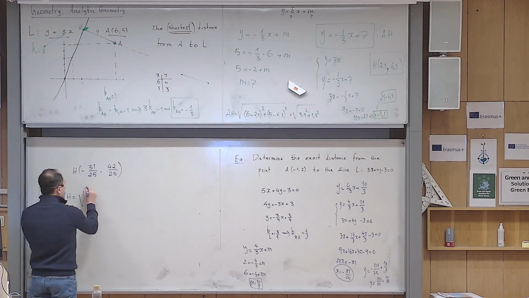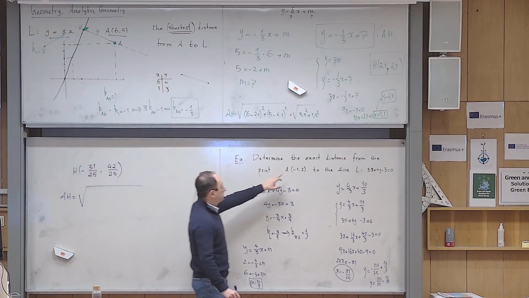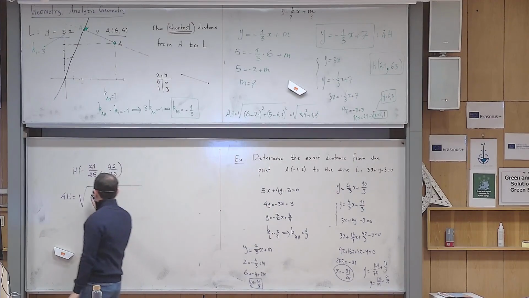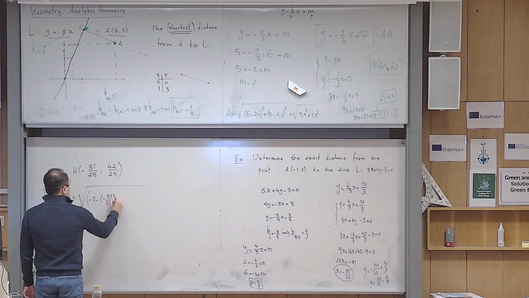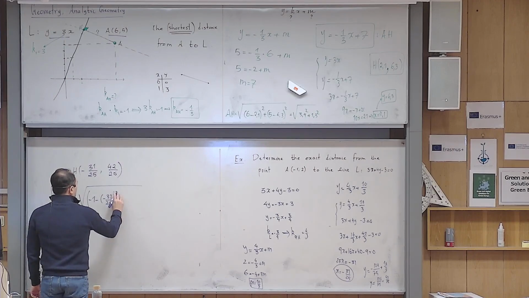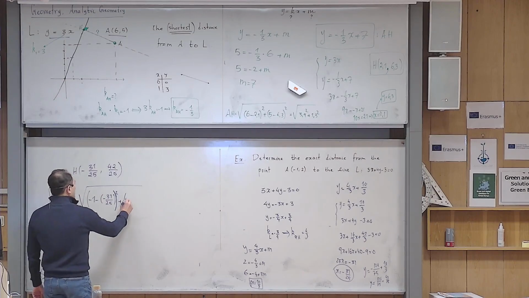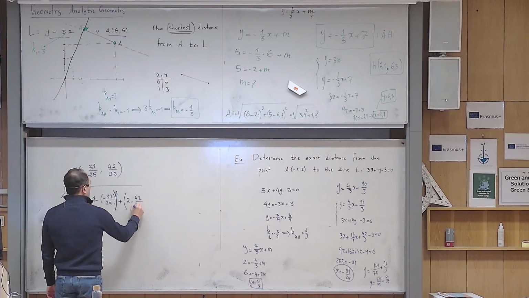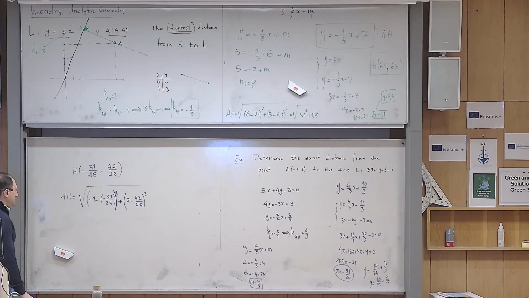And that is the square root of the difference between the x coordinates. So it is minus 1 minus 31 over 25, squared, and then plus the other numbers: 2 minus 42 over 25, squared. I am a little bit lazy. No, it's not hard.